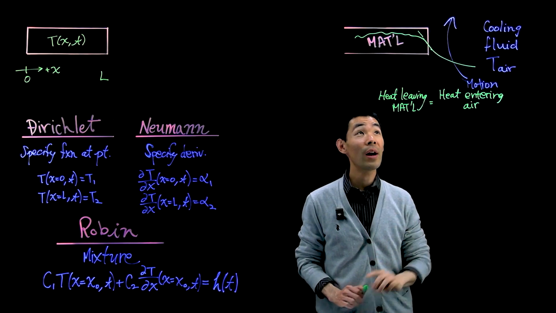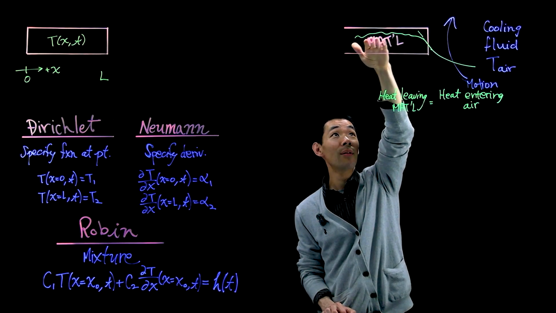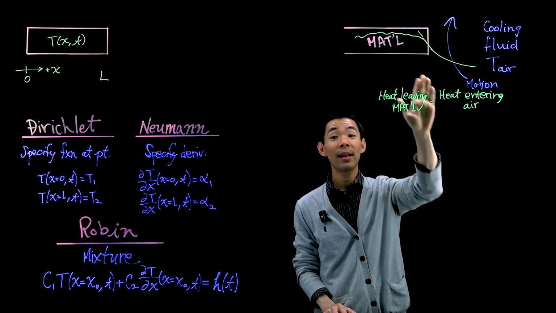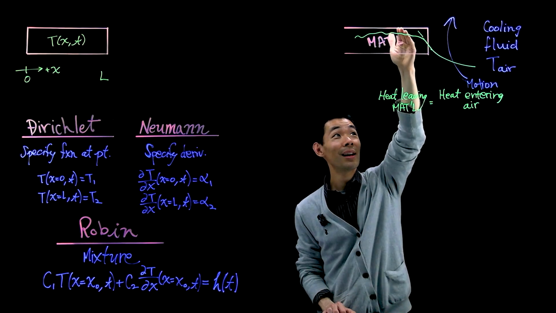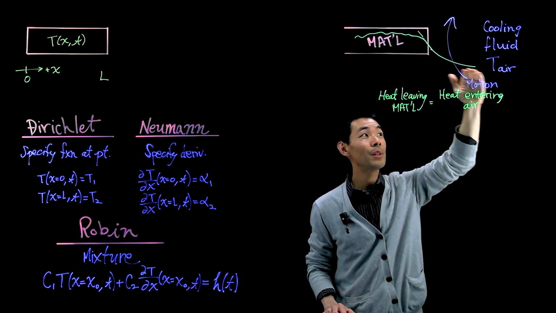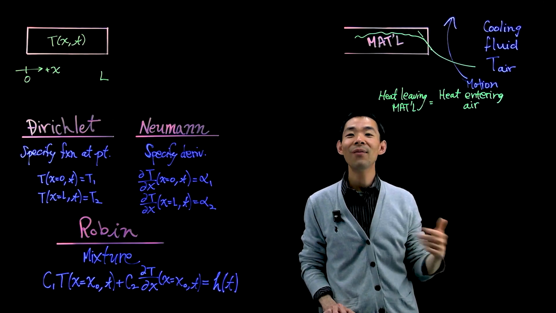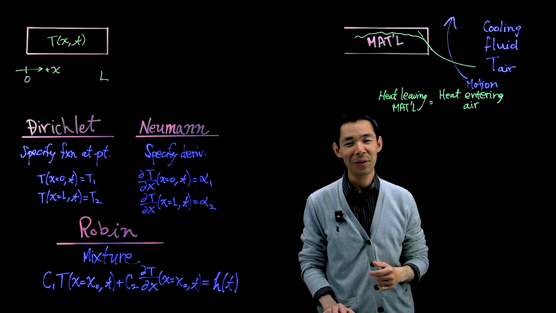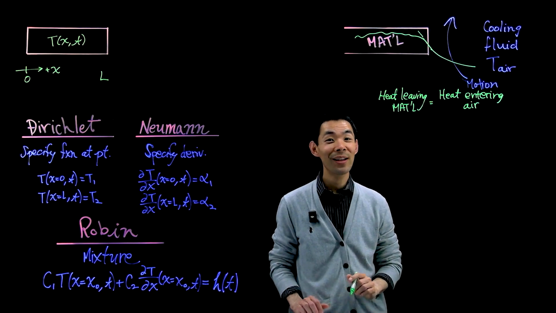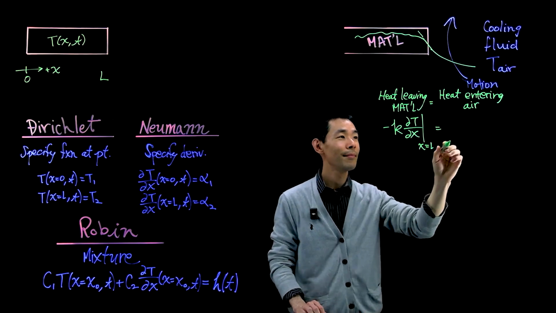So your temperature profile is going to look something like this. Whatever is happening inside, at the boundary, there's going to be a slope dictating that Fourier's constitutive relation is leaving heat from your material, and it's being absorbed and taken out by the convective fan blowing air across your system. So the heat leaving the material can be written as Fourier's constitutive relation, just like that.